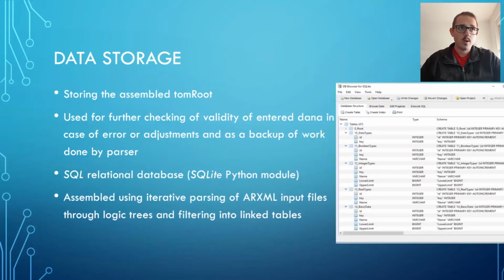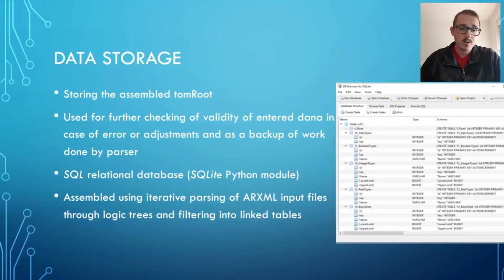As for data storage, this became the biggest focus of my work here in the paper. The SQL relational database was used with a module in Python that I found to be the best, which is SQLite. It's an open source module that's very easy to use, with the main improvement being it could now be read, as you can see in this example open program here.